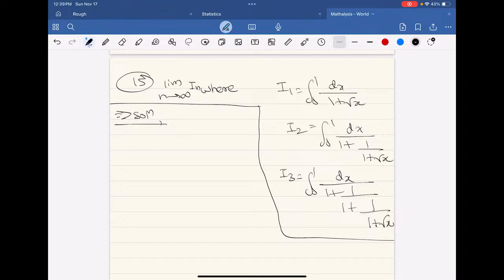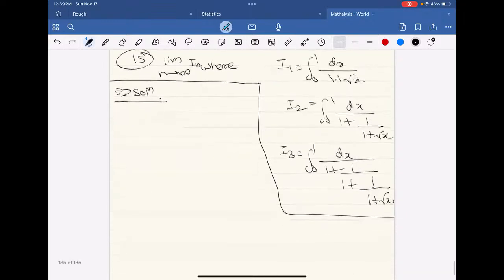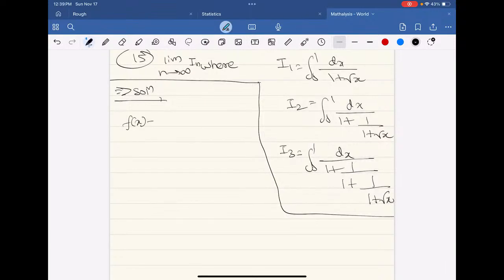Then yeah. Now how I would approach this problem is, I will first try to find a function for this. Let's say there's a function f of x that represents 1 by 1 plus 1 by 1 plus 1 by 1 plus and so on, up to 1 by 1 plus root x.